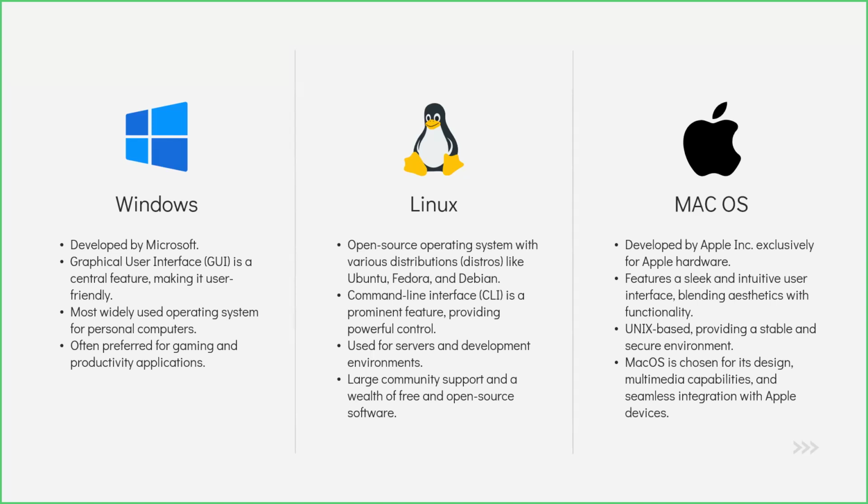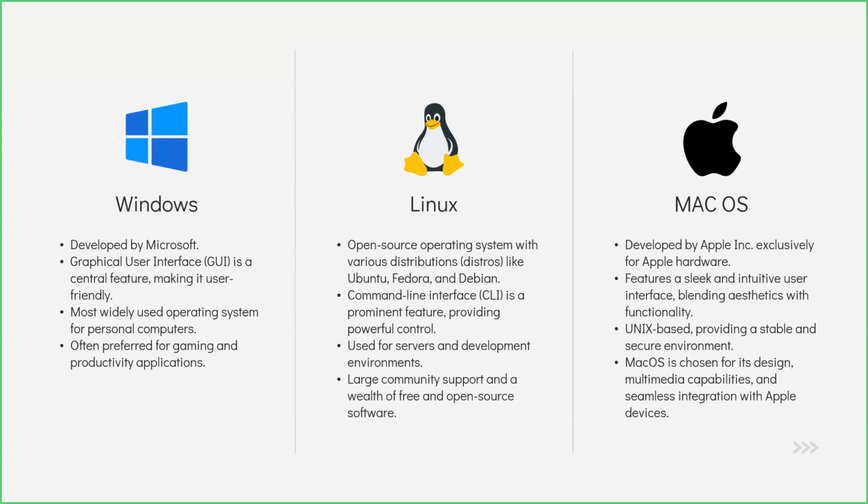Unix is from where Linux is also derived. macOS is specifically chosen for its design, multimedia capabilities, and that seamless, perfect integration within the Apple ecosystem. So that connectivity among all the Apple devices, MacBooks, iPads, iPhones, etc., is top notch compared to other operating systems. So these are the three different operating systems that exist in the world today.